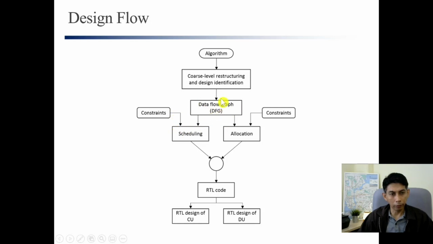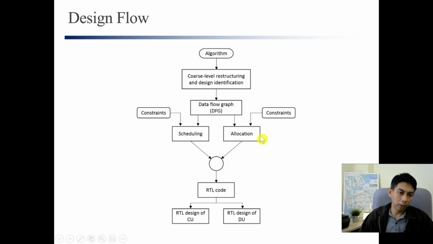And from the DFG, we will do what we call the scheduling and also allocation. In this process, we will apply constraints to the scheduling and also constraints to the allocation. The scheduling is to schedule the process into cycles. The first cycle, what we want to do, the second cycle, what we want to do, the next, what we want to do, until we get the result.